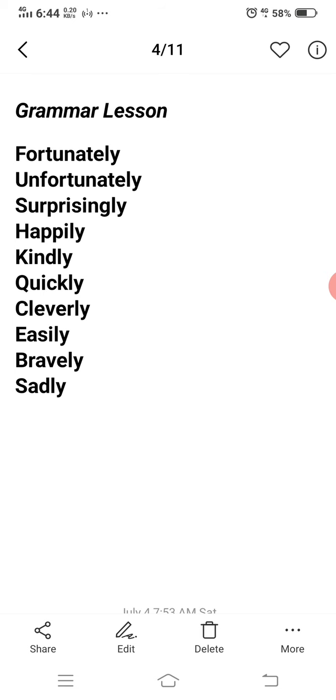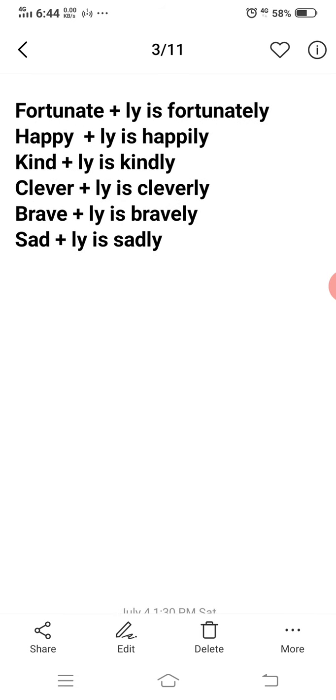I said root word. Example: fortunate, happy, kind, clever, brave, sad are root words. Then we added the ly. Now they are adverbs and telling us how something is done.